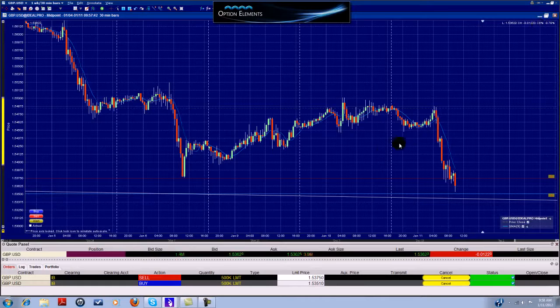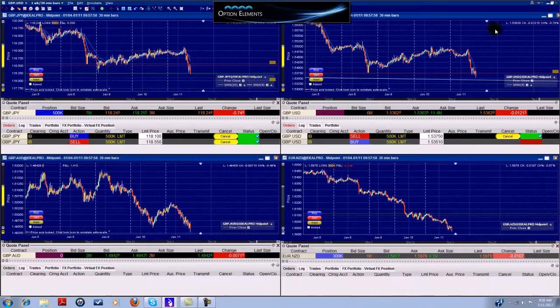Also, since the British pound and the British pound yen are highly correlated, I'm going to go ahead and get rid of this buy order that I have in the British pound. Just cancel that out. Leave my sell order in, because now we're trading the British pound Japanese yen over here, and they're highly correlated.